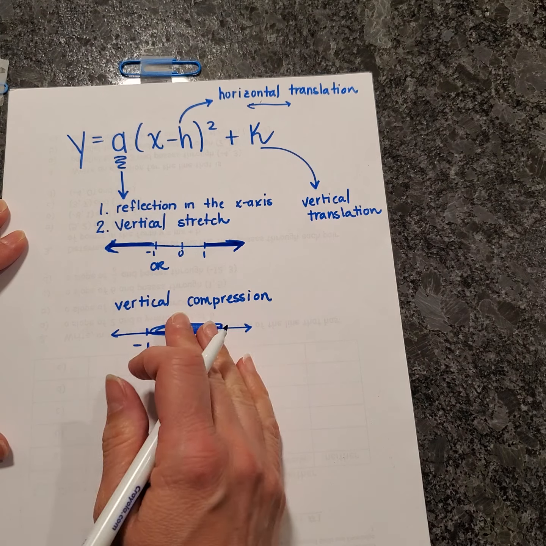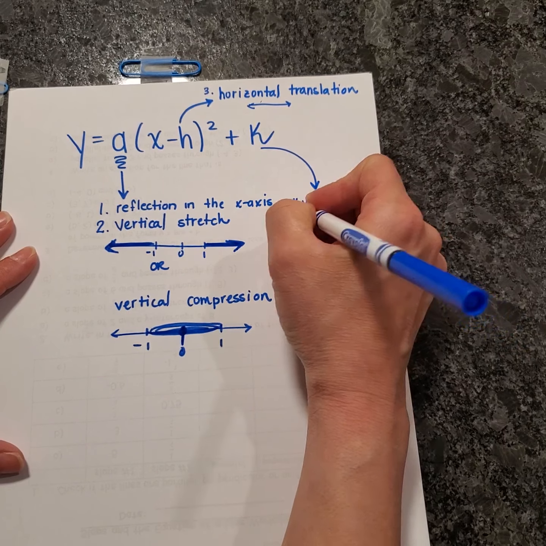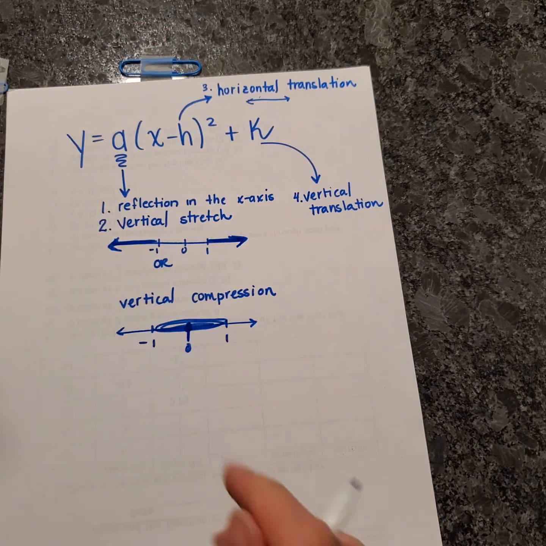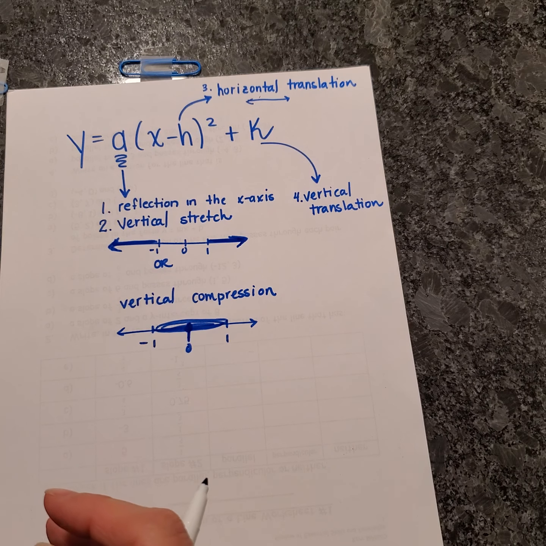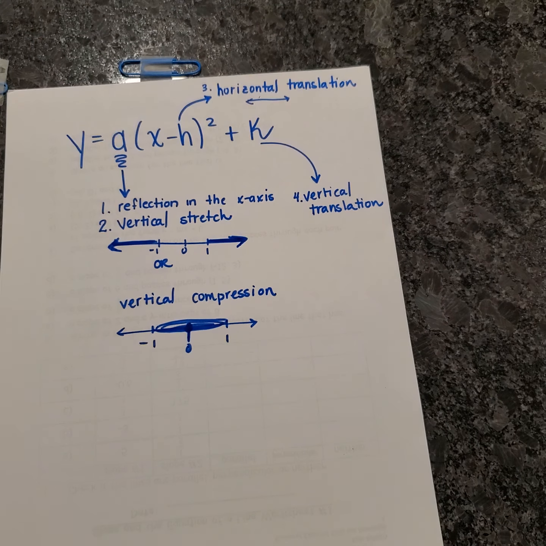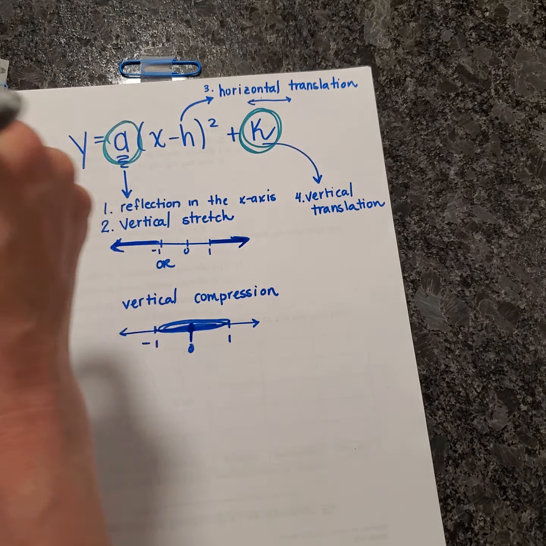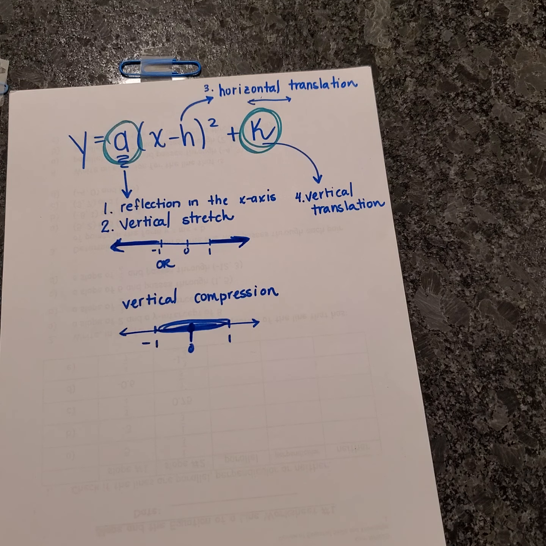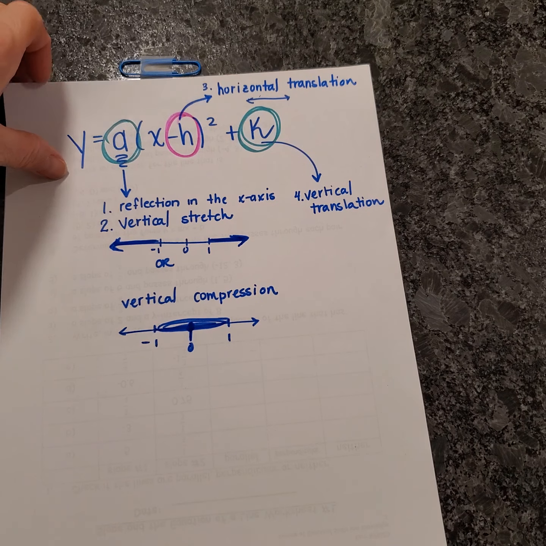These are all 4 of the transformations. And let me just add that this is the order that we would try to identify them if we had to describe them given an equation. I will be coming back to this shortly. So I just want to do this and do this, and I will explain what that means when we review how to graph these.